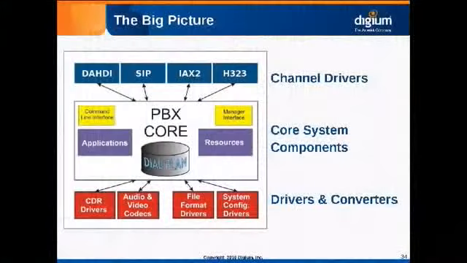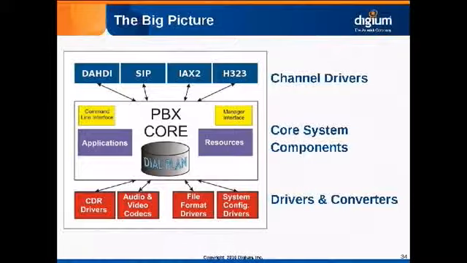The more important thing that I want you to understand is this picture right here. This picture sets out the map for the architecture of how the different pieces of Asterisk work together. Across the top, we have some blue boxes. Across the top of this picture, I have what we call channel drivers. Channel drivers are pieces of Asterisk that go out and talk to the outside world using a particular protocol.